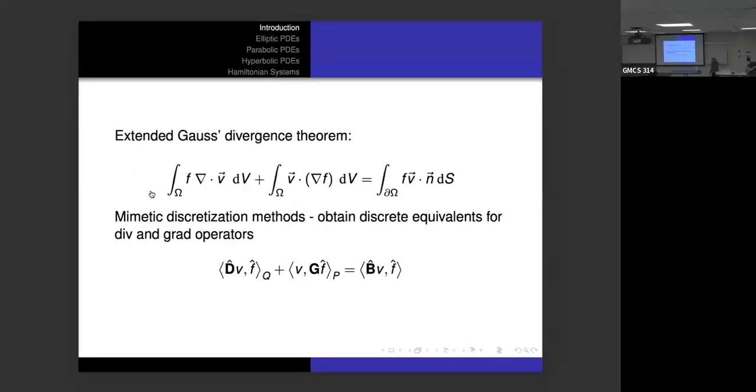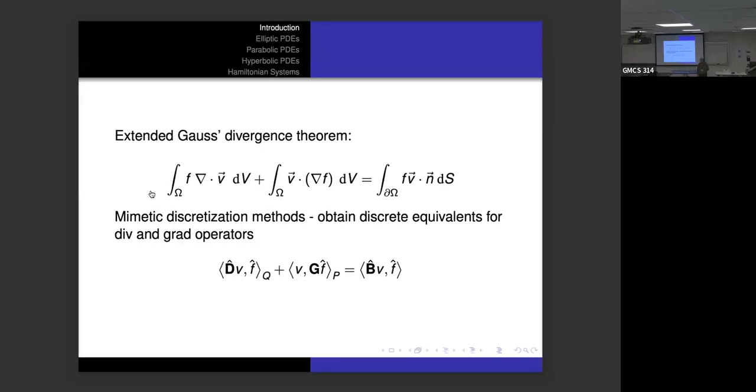Another thing that is very important is that these operators, for example the divergence and gradient, satisfy a discrete extended Gauss divergence theorem. Now, there are people who construct methods that they actually call mimetic, where they construct an approximation to the gradient or the divergence, plug it into this equation, and then solve for the other one.